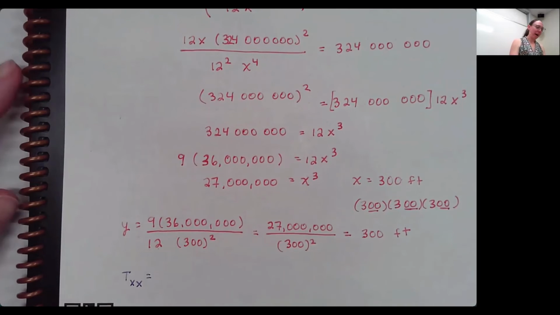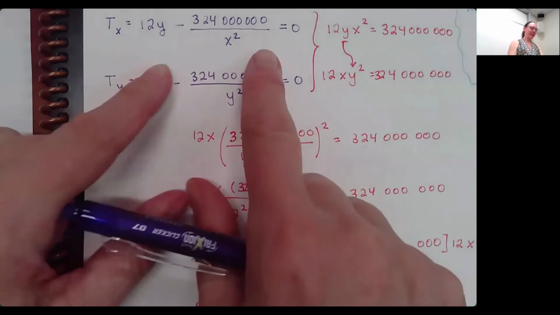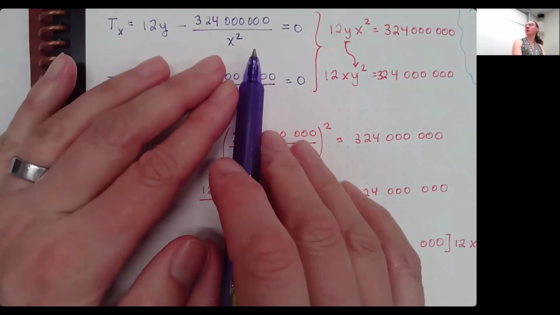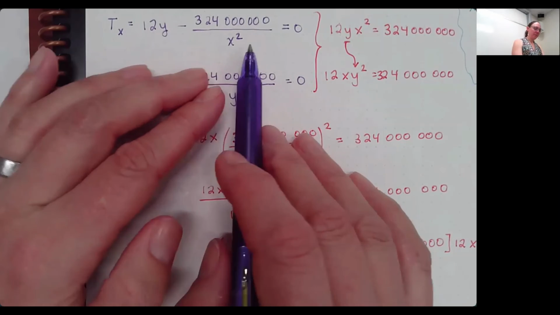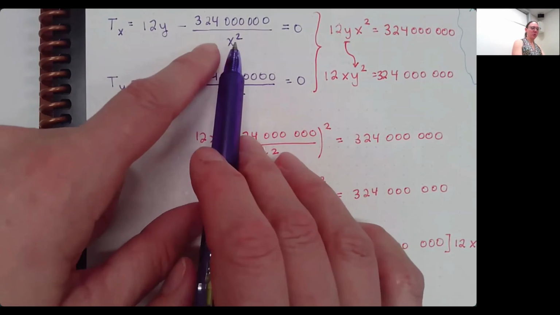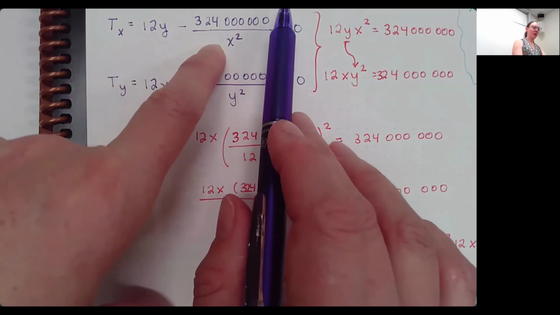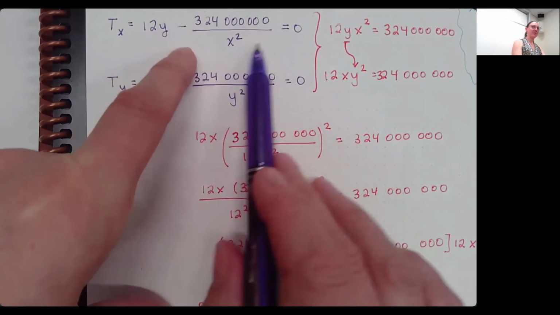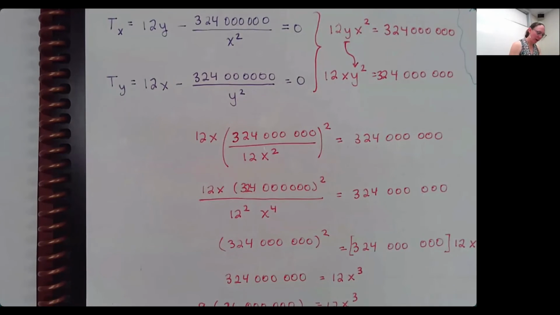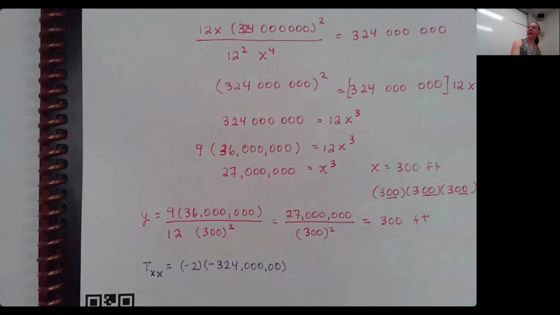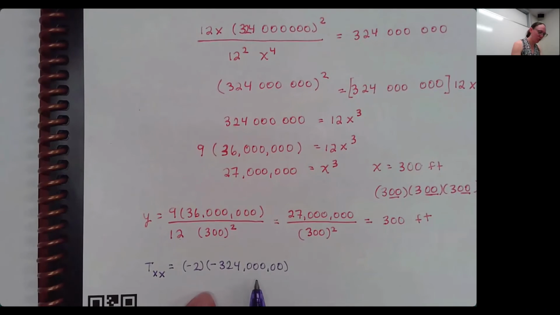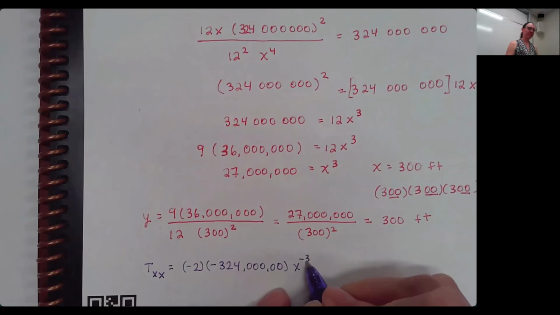So if I come back up to my partial with respect to X, and I take the partial with respect to X again, I'm not going to do a quotient rule, but I am going to think about this as X to the -2. So then I'll be bringing down the -2 and I'll have X to the -3. So I would have -2 times -324 million times X to the -3.